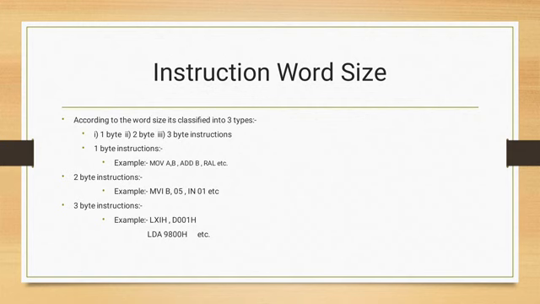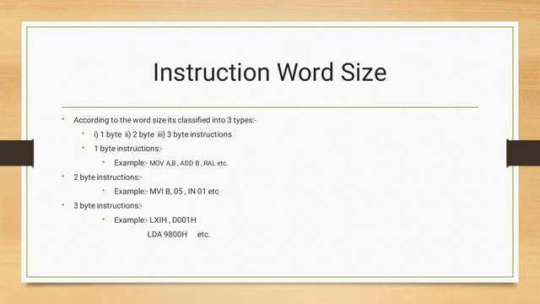So the second and third bytes represent the operand or data, and the first byte represents the opcode. LXI H D001 hex means load the HL pair with D001 hex.